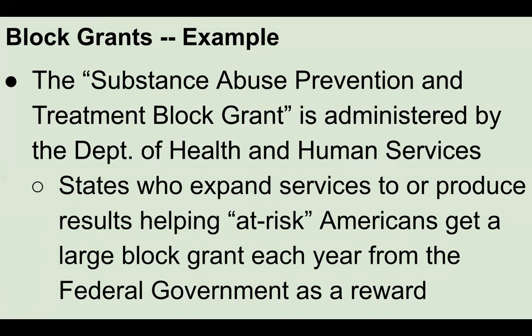So each year, if you produce results and you say, hey, maybe we decreased teen pregnancy by 10% this year, or there's a decrease in heroin use amongst the homeless population, whatever the case may be, there's some criteria that the states have to comply with, and if they do, they get a block grant. So states are going to go out of their way to accomplish these tasks, and the federal government will basically give them money.